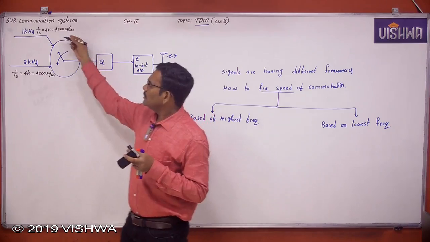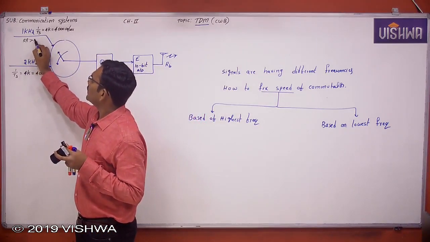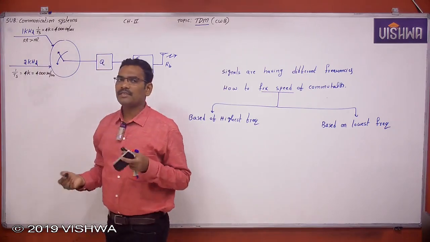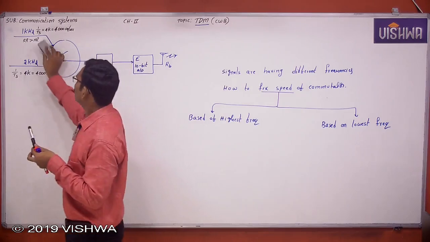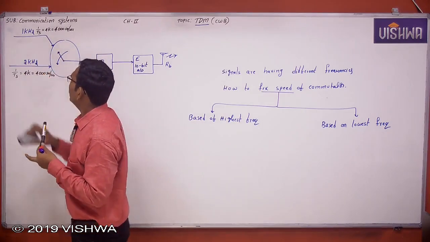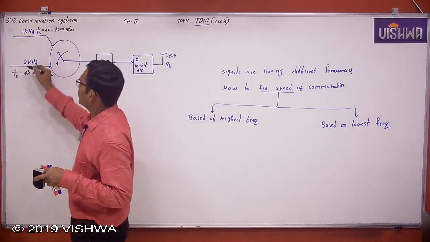The sampling rate is greater than the Nyquist rate, which is oversampling, and practical filtering is easy here. So this is the advantage. This is the sampling rate.